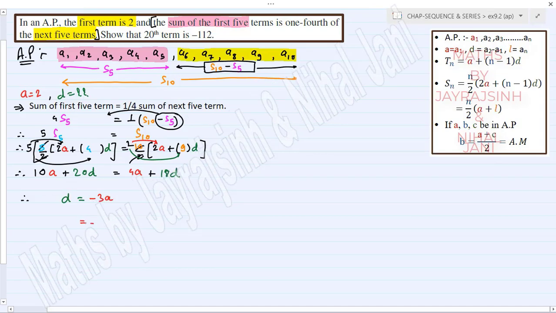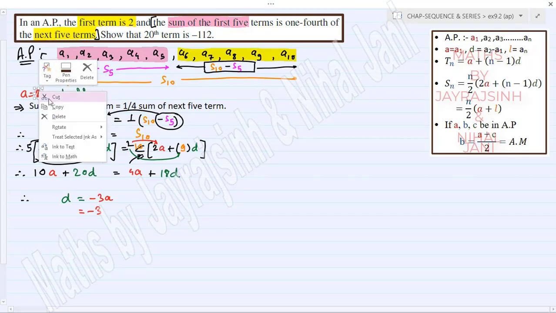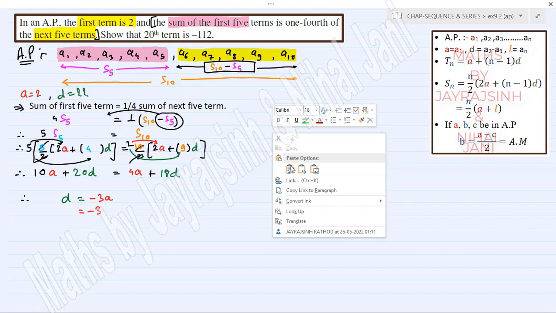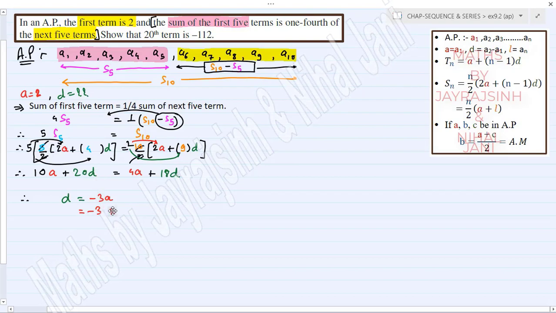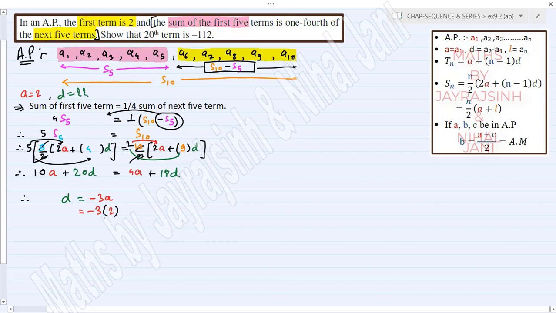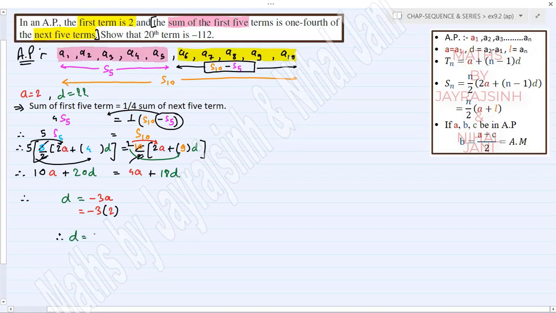But we know that a is given by 2. So we can say the common difference in our AP is minus 6.